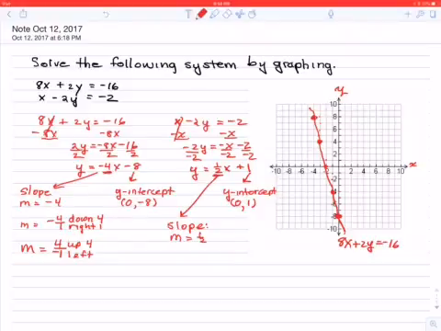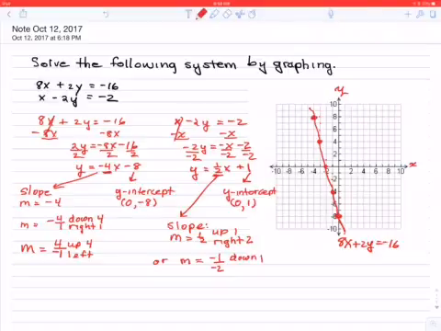So if I write it that way, the numerator says go up 1, since it's positive. The denominator tells us to go to the right 2. Or I could write that 1/2 as a negative 1 over negative 2. That would be a positive 1/2, in which case the numerator, since it's negative, would go down 1, and the denominator, since it's negative, would go to the left 2.